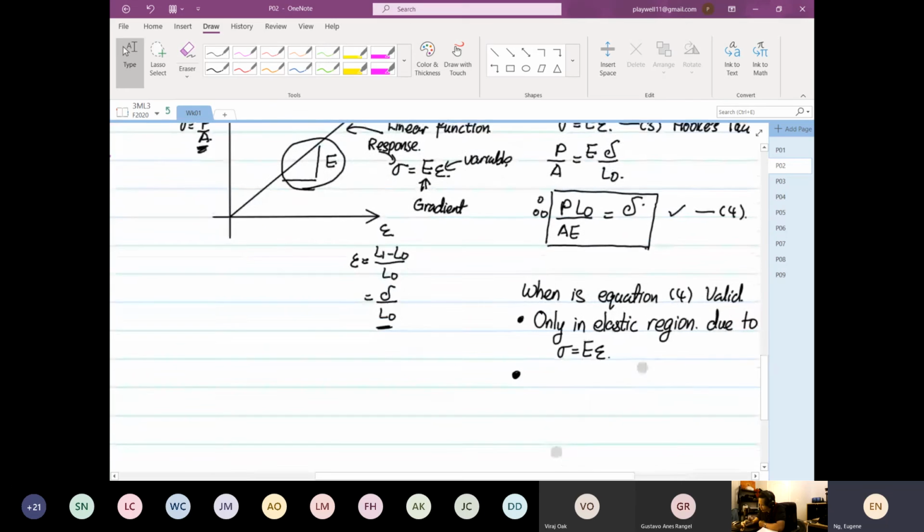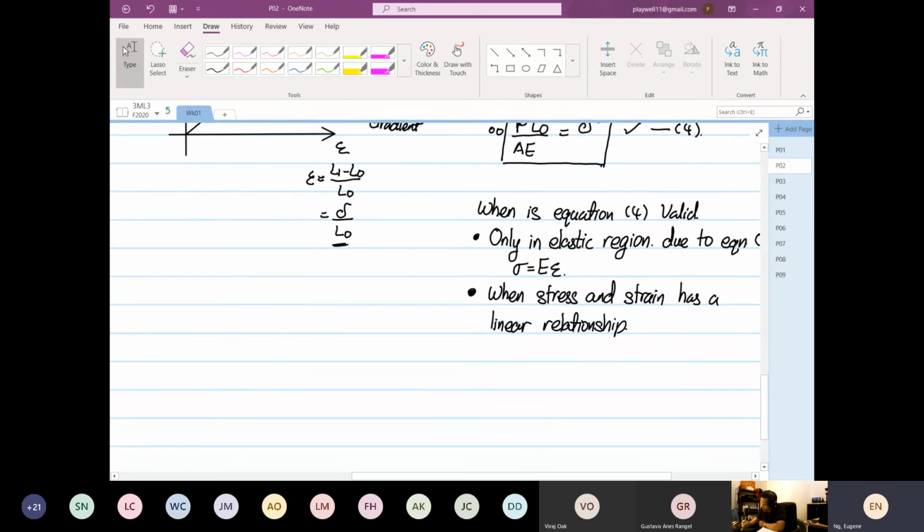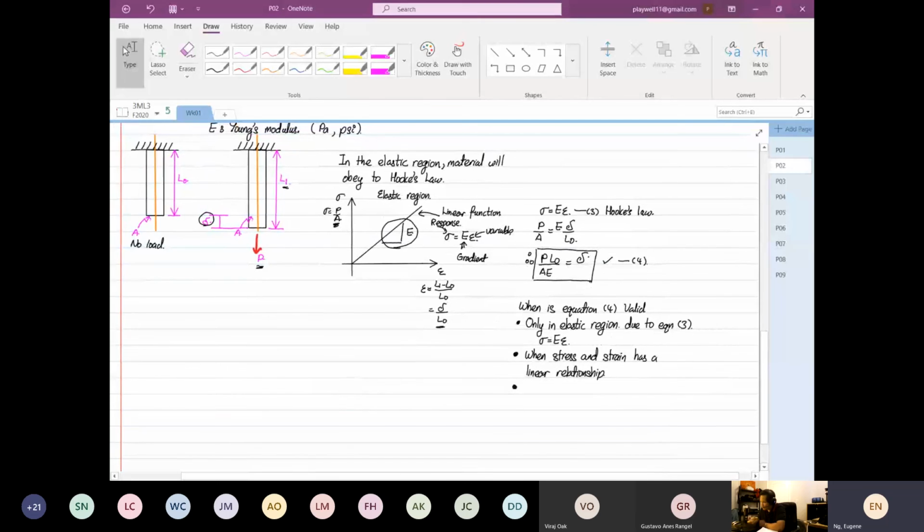So equation 4 is only valid when stress and strain have a linear relationship. What else? When is that equation valid?